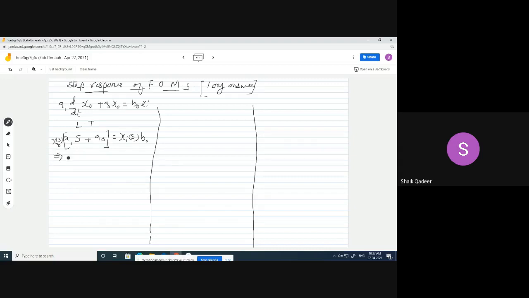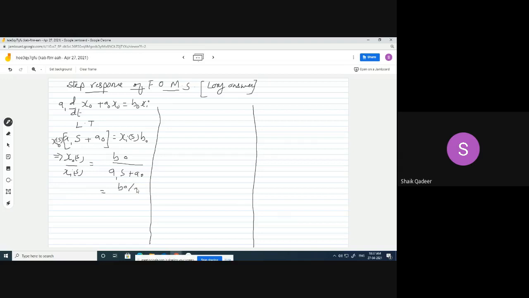So try to write the output by input expression. We can write this as b0 divided by (a1 s plus a0). Try to make the constant term in the denominator 1.